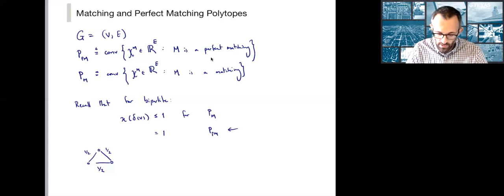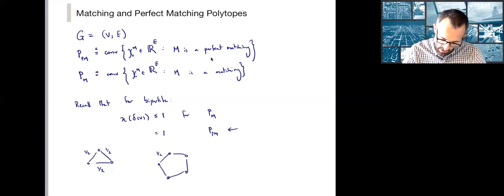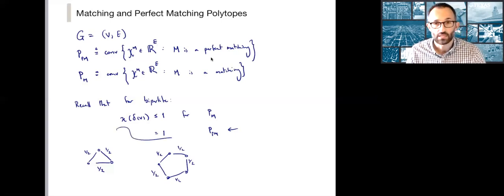And again, here we see that it doesn't have to be a triangle. For any odd cycle, if I put halves all the way around, it satisfies basically this constraint, but clearly we have a problem.